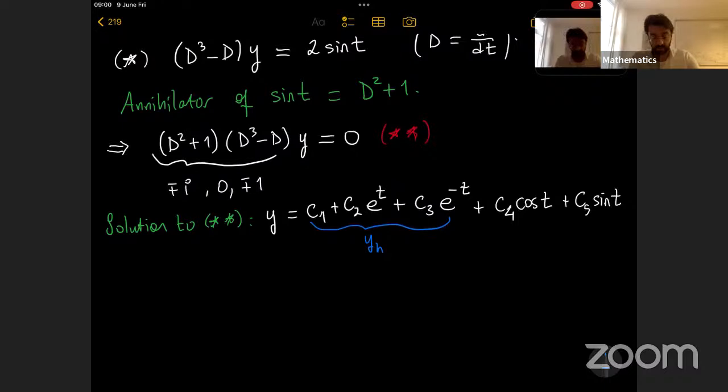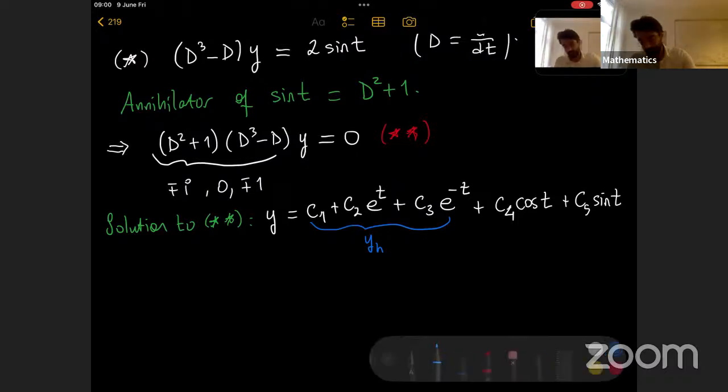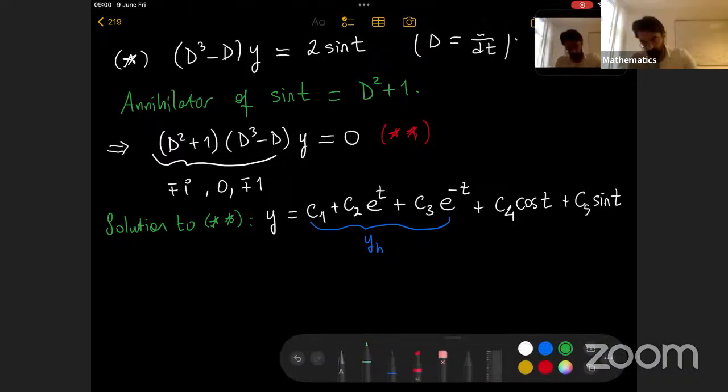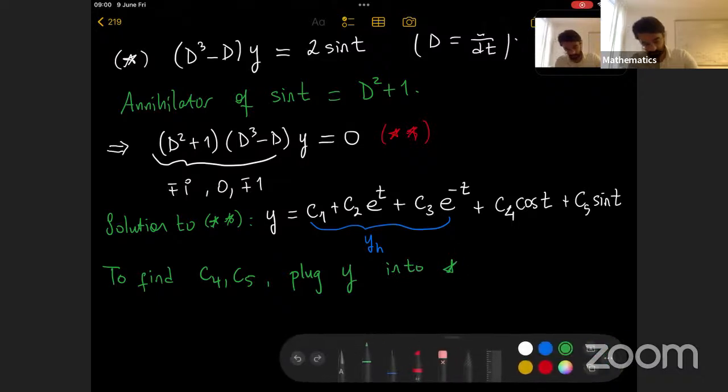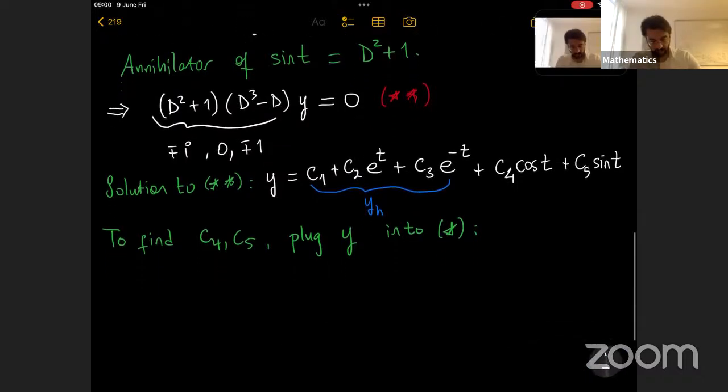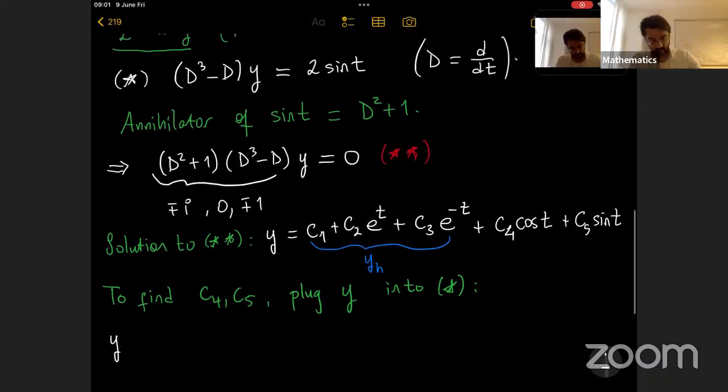To find C4 and C5, we plug y into the non-homogeneous equation, the first one, star. Sorry. What was the star here?